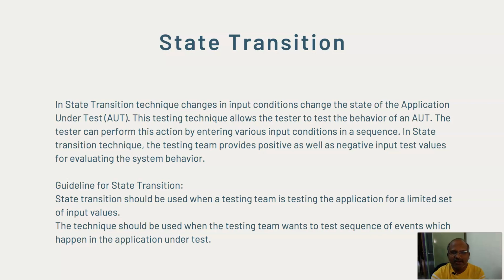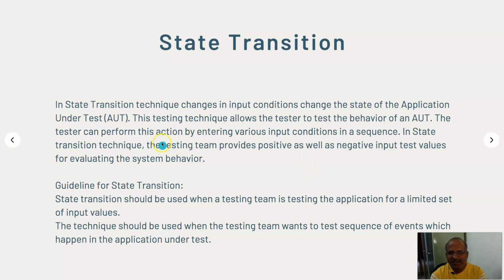If you enter a wrong PIN number 3 times, the application gets locked, right? Basically, based on your input conditions, the application behavior is changed. That is called a change of behavior of the application under test. That is basically the state of the application, right?